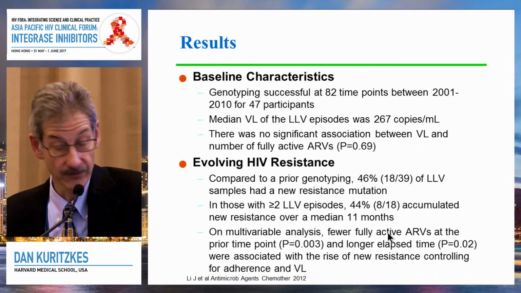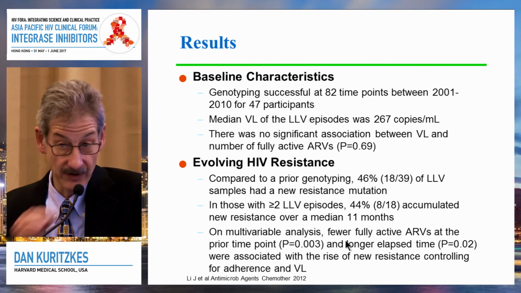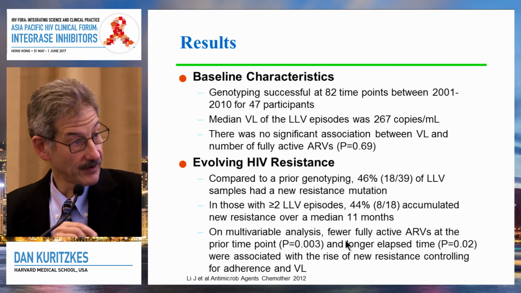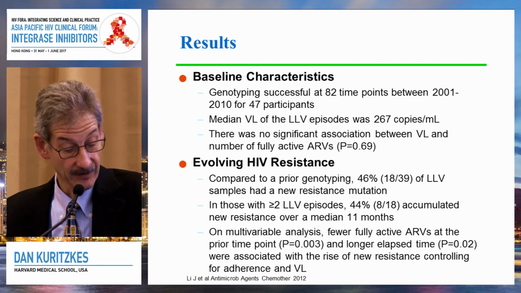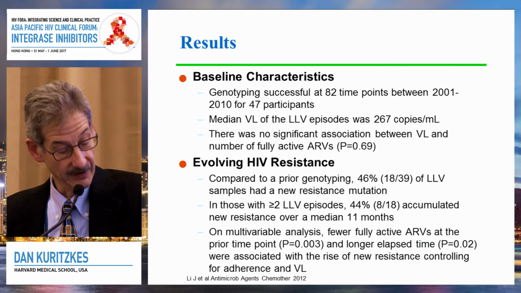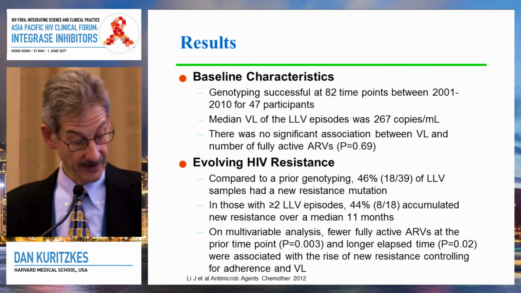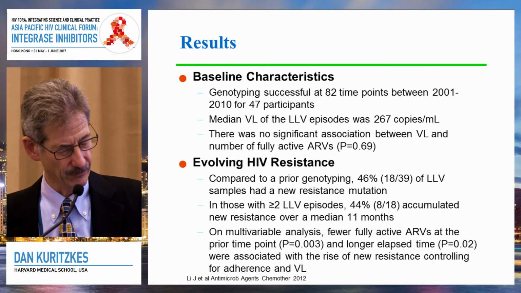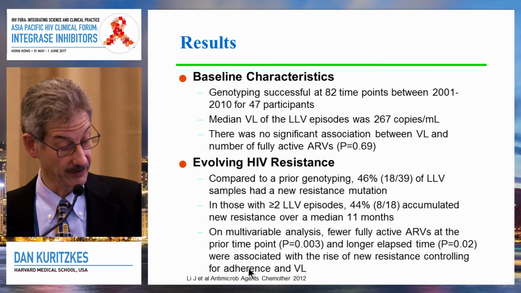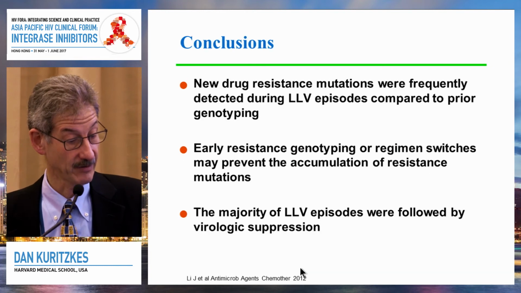Having fewer fully active drugs at the previous time point before the episode of viremia and more time in the study were both significantly associated with the greater risk of resistance after controlling for the level of adherence and the level of viremia.